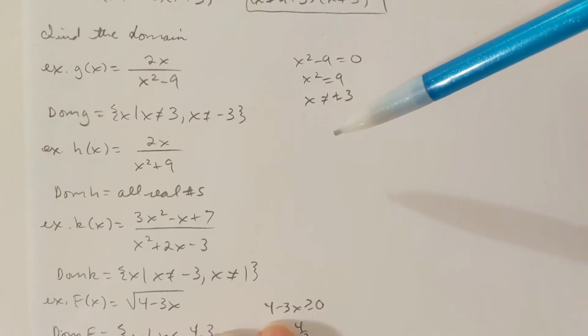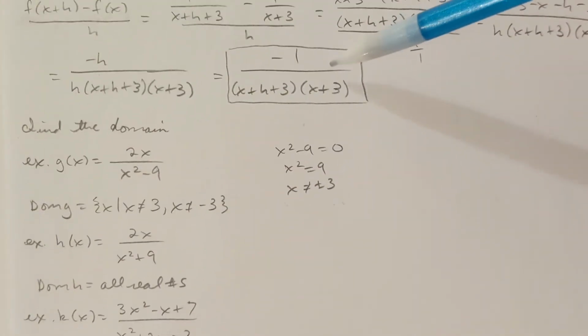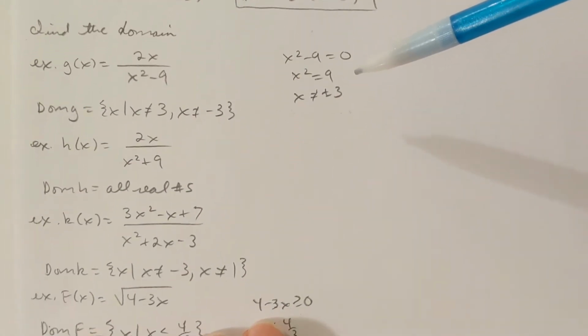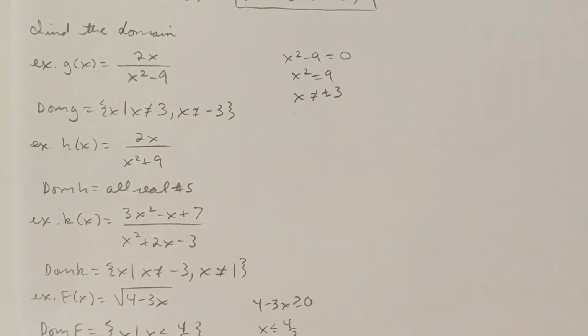Okay? So let's find the domain, and more on that shortly here. Let's find the domain of each function. As an example, g of x equals 2x divided by x squared minus 9.